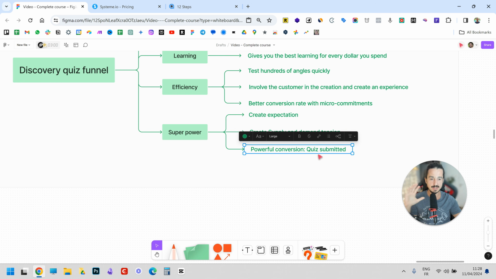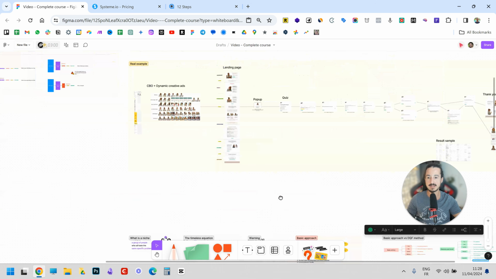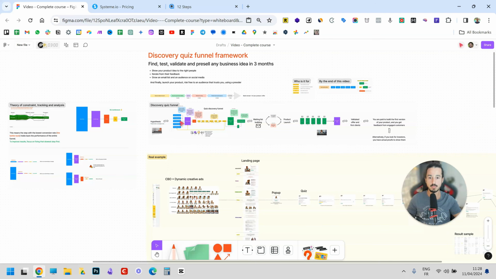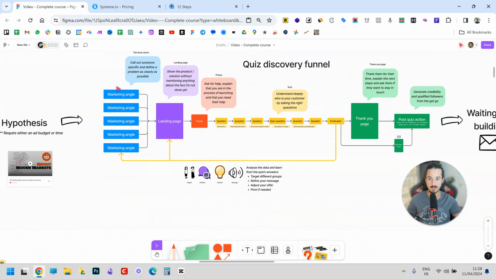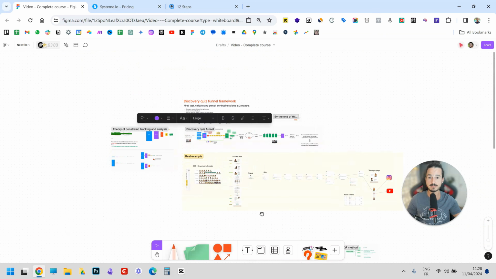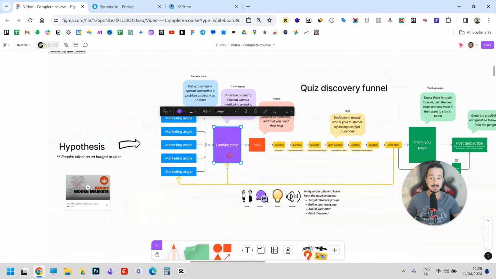And that's a last point I didn't talk about, but you can use a quiz submitted as a powerful conversion. And let me explain that to you because it's extremely important. If you would do the same thing, test different marketing angles and try to sell your product and actually sell it, like I've mentioned here, for example, the problem is that, let's say your product costs 300 euro, whatever product it is.